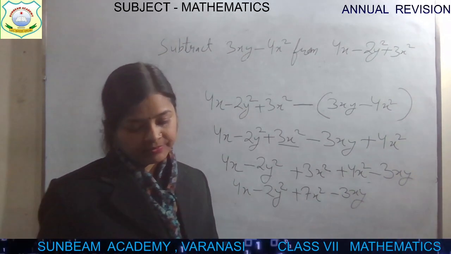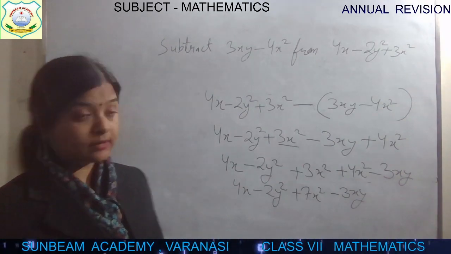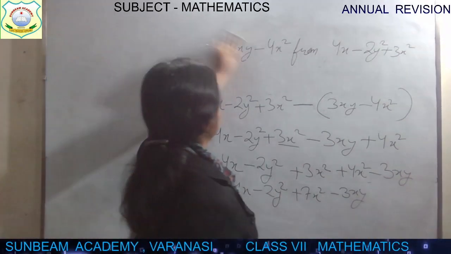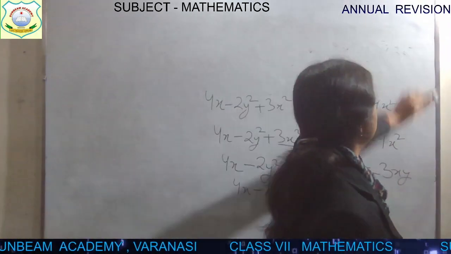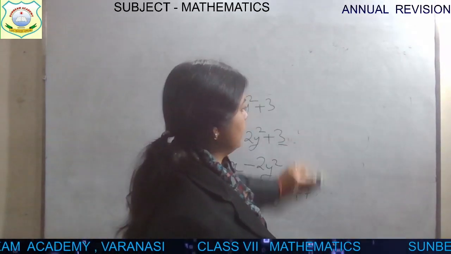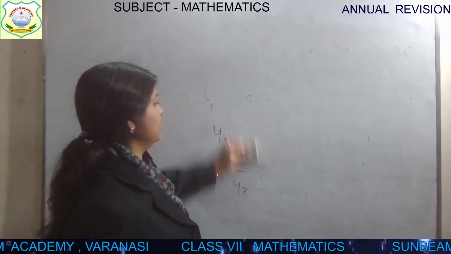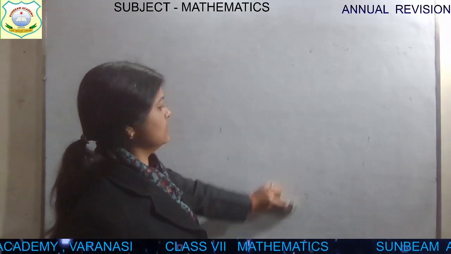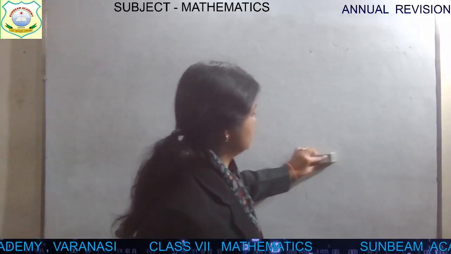Now some simplifications are there, some products are there. So I am choosing the product, addition, subtraction, and now the next one is product. Monomial with binomial. Multiplication of monomial with binomial. This product is in your syllabus.